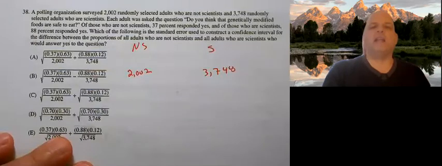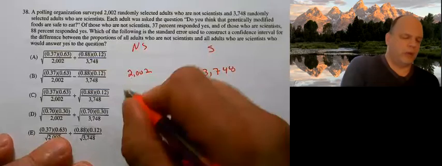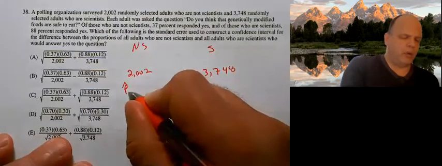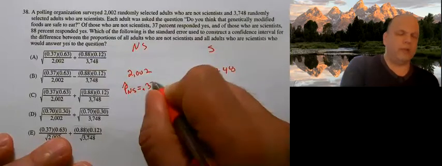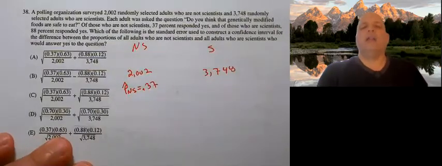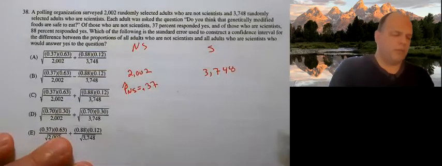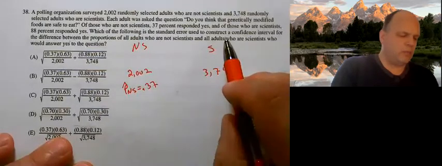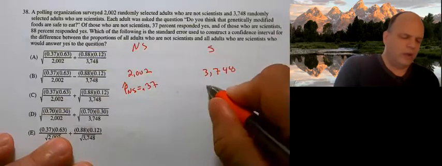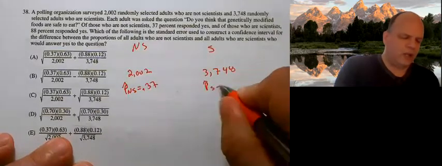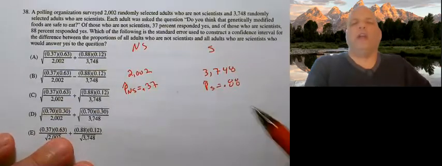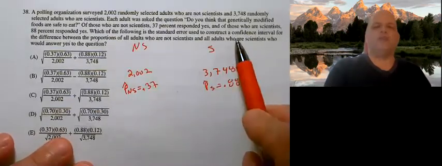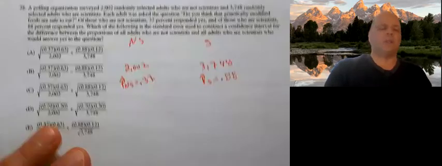Of those who are not scientists, 37% responded yes, so p-hat for not science is 0.37. Of those who are scientists, p-hat for scientists equals 0.88. Which of the following is the standard error used to construct a confidence interval for the difference between the proportions?